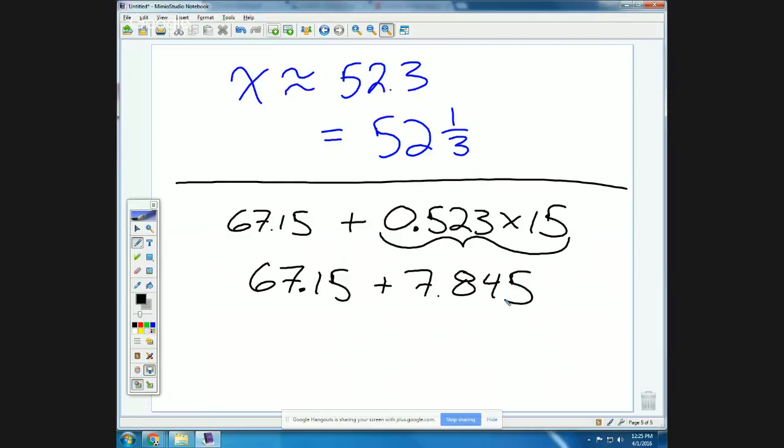Okay, and then we add those two together, and what do we get? We're going to get 74.99, oh, that's going to round up because of the 5s. Oh, we're going to get 75, aren't we? It rounds up to 75. So we got it.